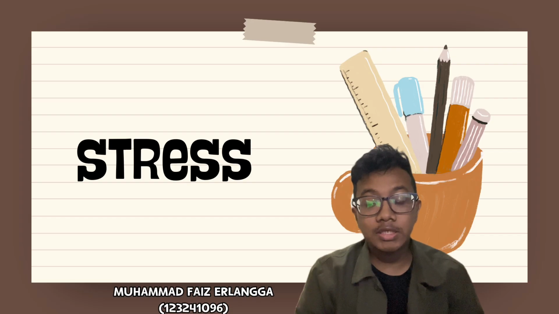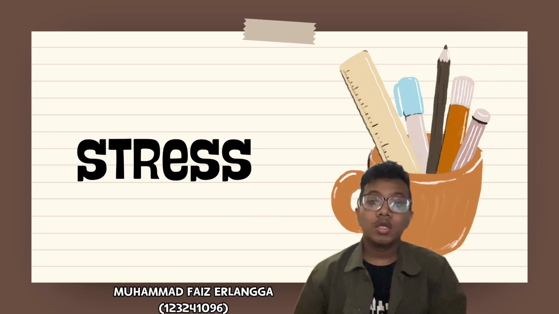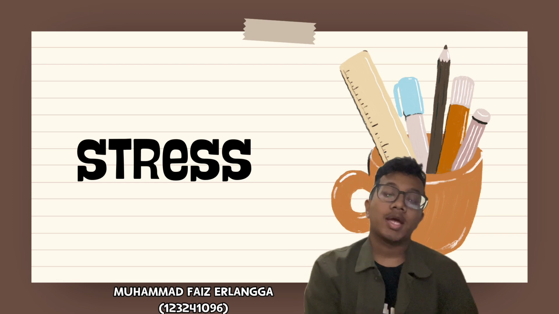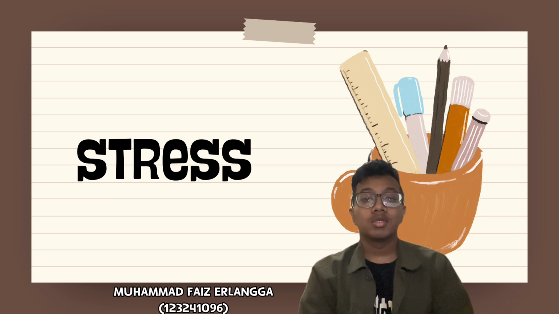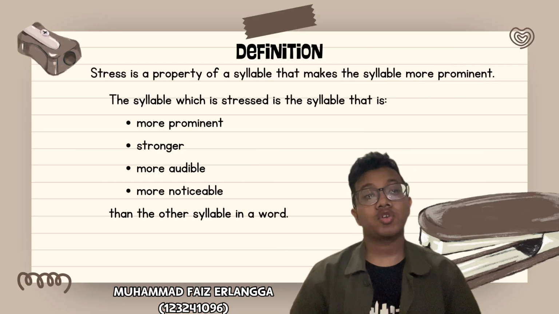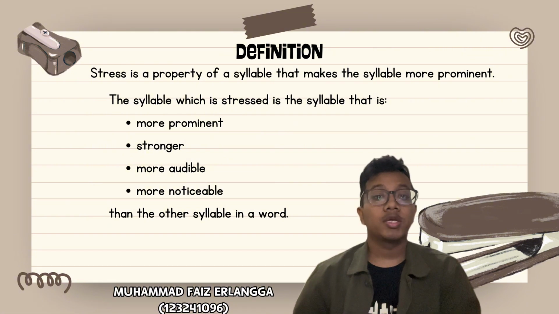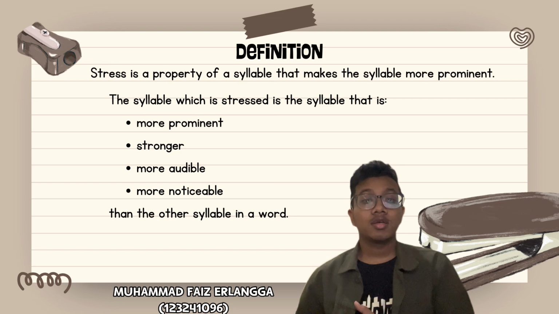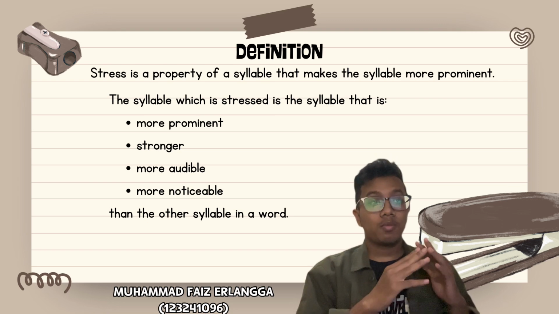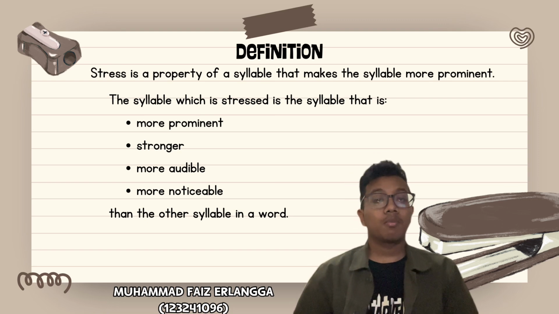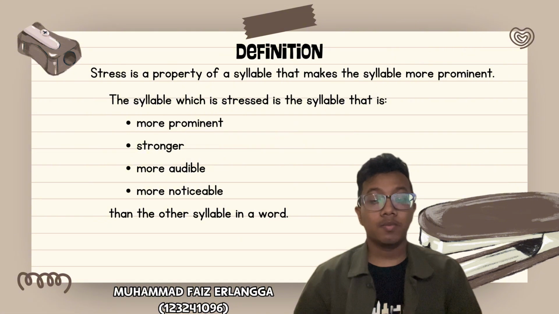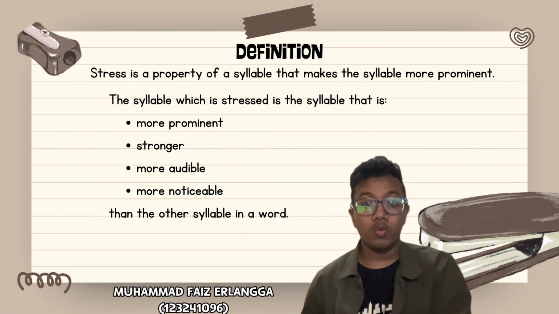My name is Muhammad Faiz Erlangga with student number 123241096, and I'm going to explain about stress. Basically, stress is a property of a syllable that makes a syllable more prominent. The syllable which is stressed is more prominent, stronger, more audible, and more noticeable than the other syllables in a word.